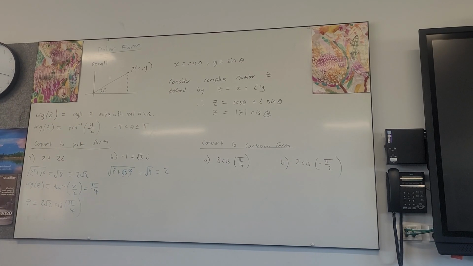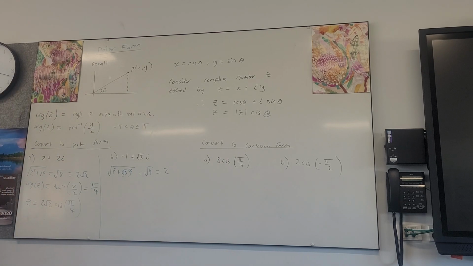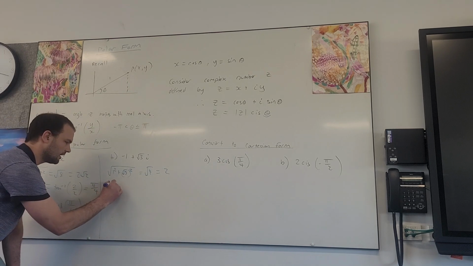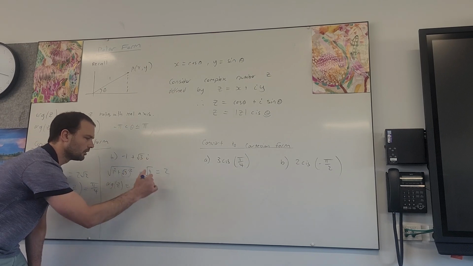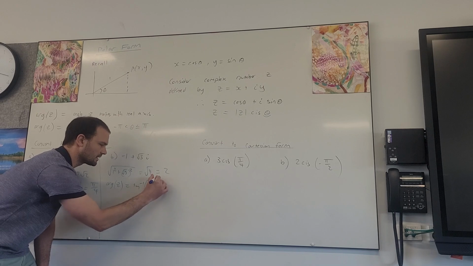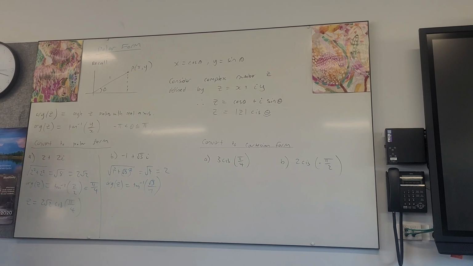It has to be positive because it's a length. We need to find the argument. So the argument of z is equal to inverse tan of root 3 on minus 1. Now when we're doing inverse tan, we do need to consider whether it's negative or positive, because that will dictate its position on the unit circle.